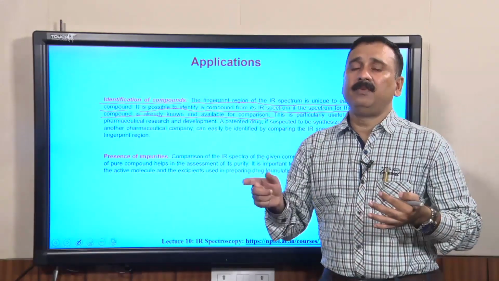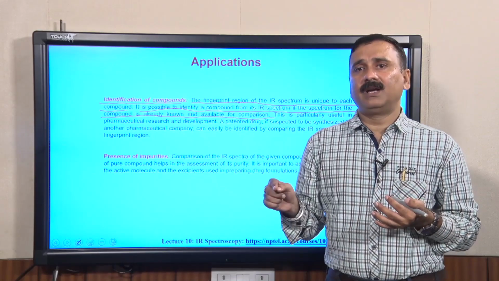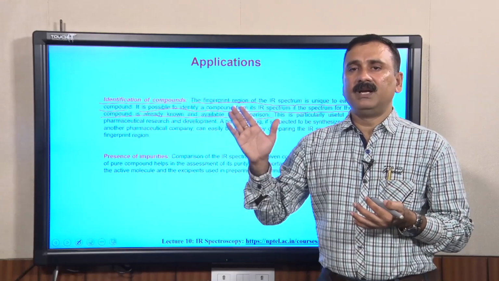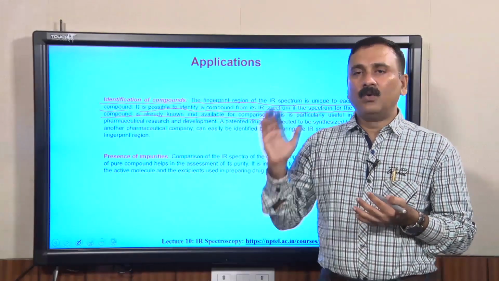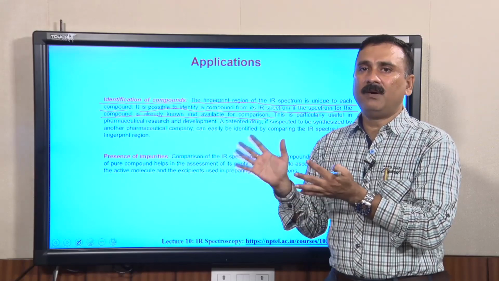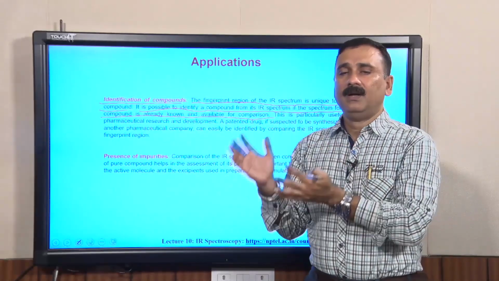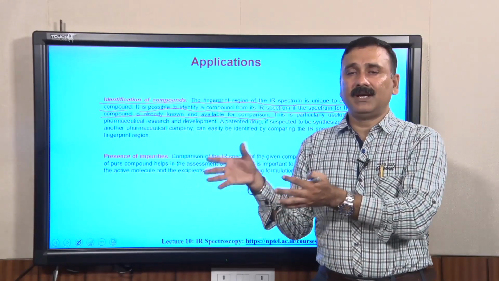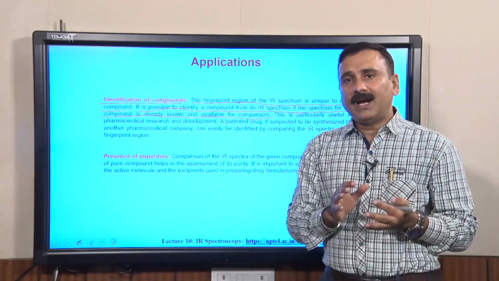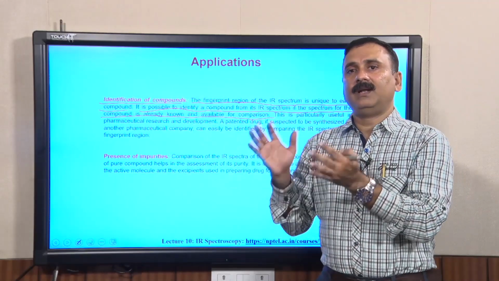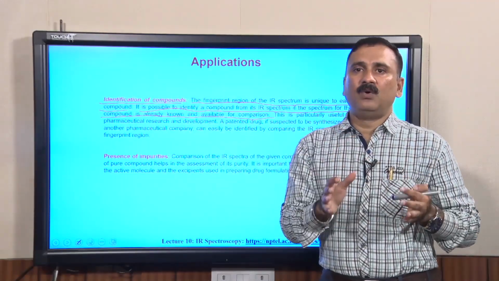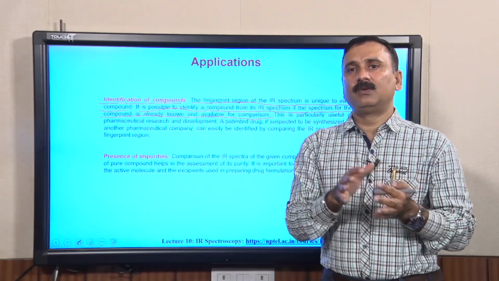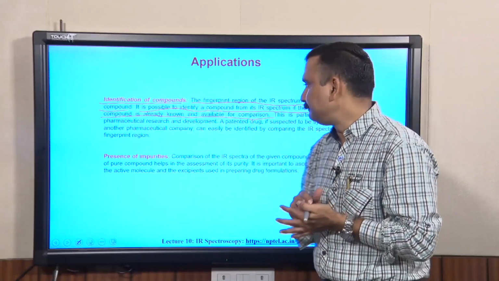But if you have a pure compound for which you have collected the IR spectrum, and you know that these fingerprint peaks are going to appear for this particular compound, then if you do a similar analysis with a compound isolated from the host cells and it gives those peaks, it is going to confirm that this is the same compound which has been isolated from the host cells.